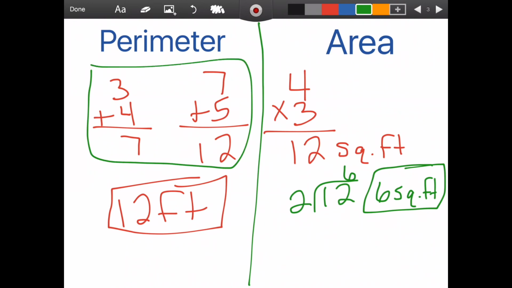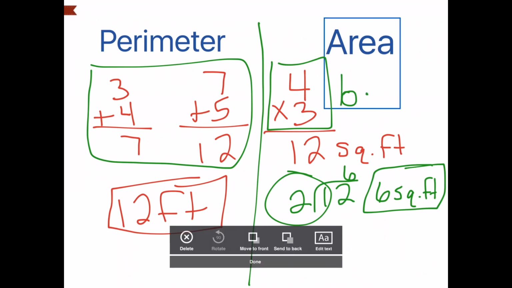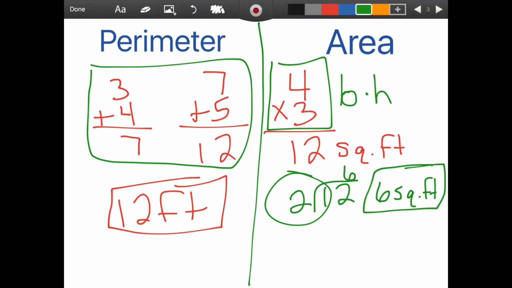When we're finding the area, you're going to take the base times the height, and then you're always going to need to remember to divide that by 2. One easy way we can write that is base times height divided by 2, and that's going to help us find the area of a right triangle. So hopefully that helps you to find the perimeter and area of a right triangle.